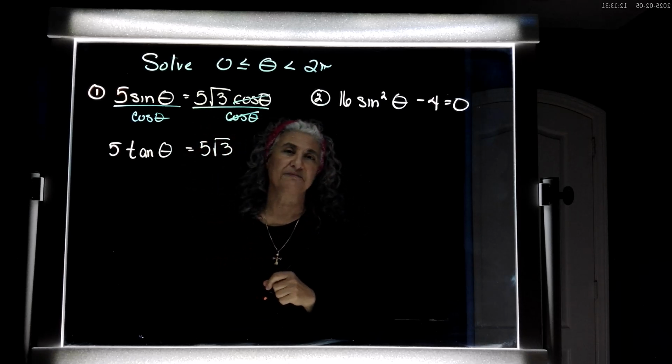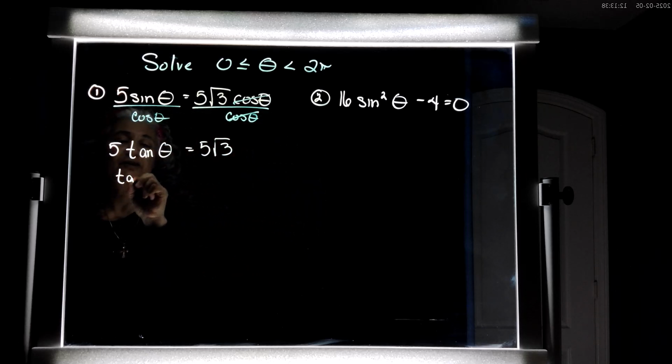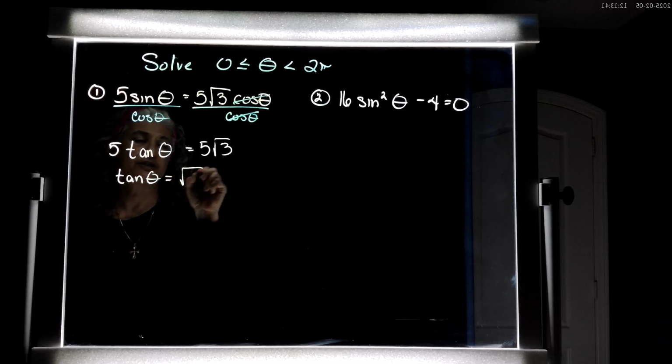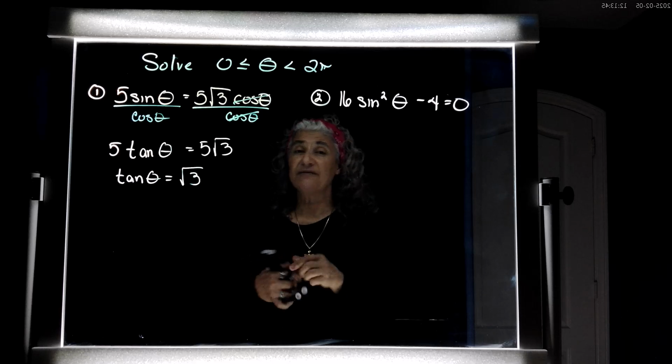Okay, I can work with that, right? Now what? Good, divide both sides by 5. You got to get rid of that 5, which means you end up with just the square root of 3, don't you?